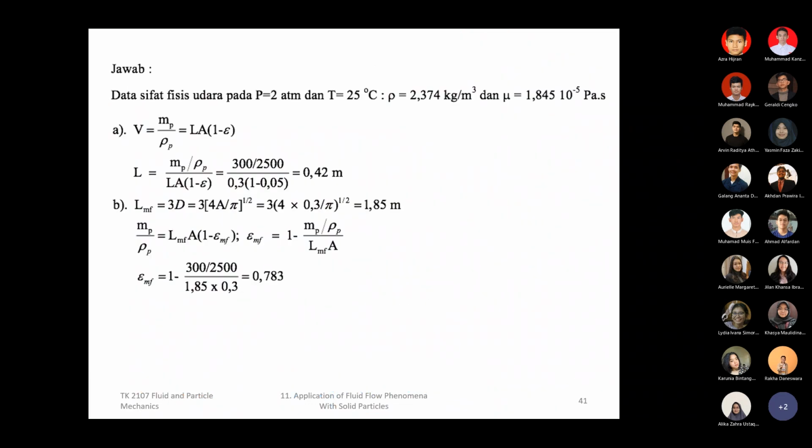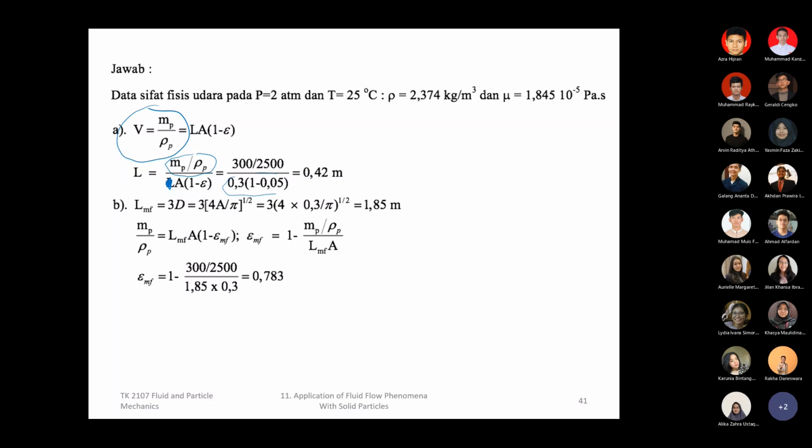So that's why the solution over here is provided. Same thing, okay? That's the volume. I think this is too much L over here, divided by A times 1 minus 0.5.